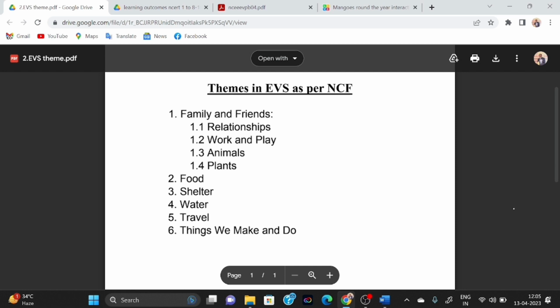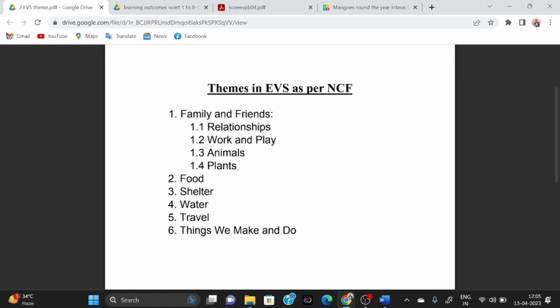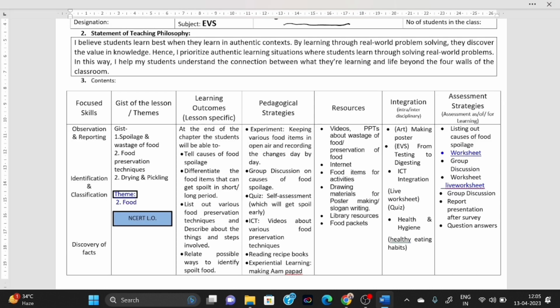In this chapter, we are dealing with the second theme in EVS as per NCF, that is food. The focus skills in this chapter are observation and reporting, identification and classification, and discovery of facts. The gist of the lesson is spoilage and wastage of food, food preservation techniques, and drying and pickling.